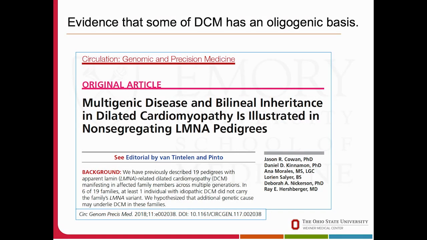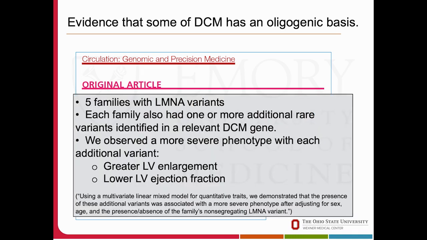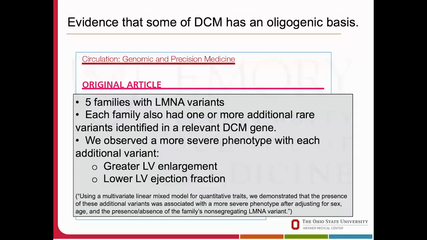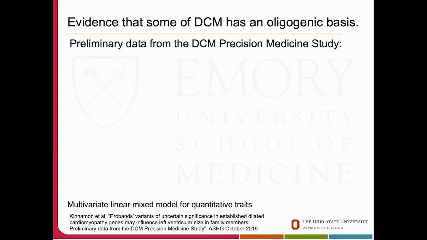We also published a recent paper, I won't perseverate on this, of our Lamin pedigrees, 5 families. Each also had 1 or more additional rare variants identified in a relevant DCM gene that were biologically relevant, and there's statistical evidence showing that those variants were actually biologically relevant.